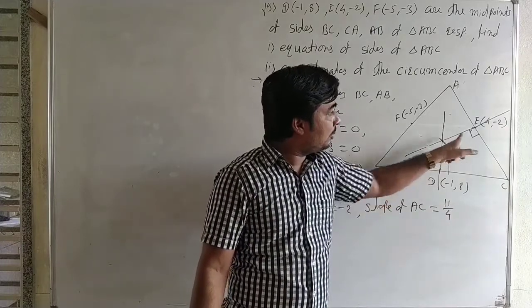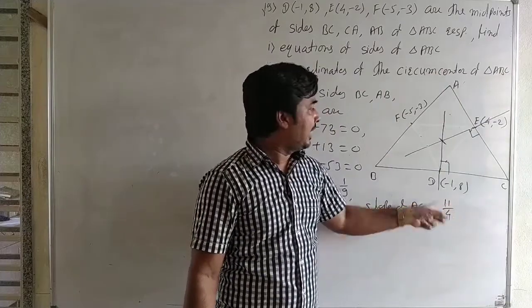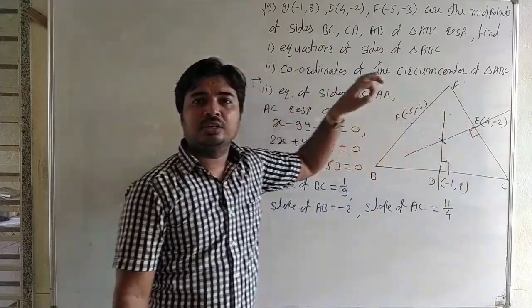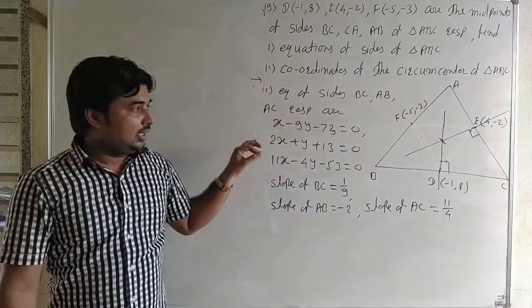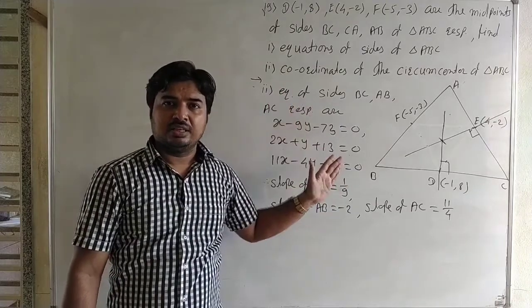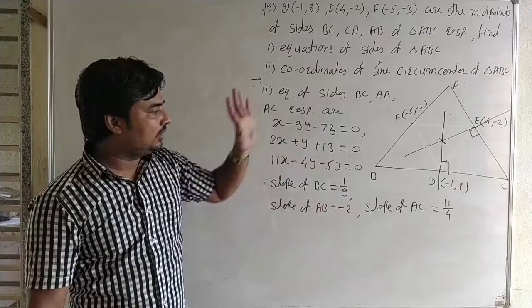Therefore, the slope of the perpendicular bisector of AC is minus 4 by 11, and the bisector of BC passes through point D and that of AC passes through point E. Then we get the equations of the perpendicular bisectors of side BC and side AC. And then the point of intersection is the circumcenter of the triangle.